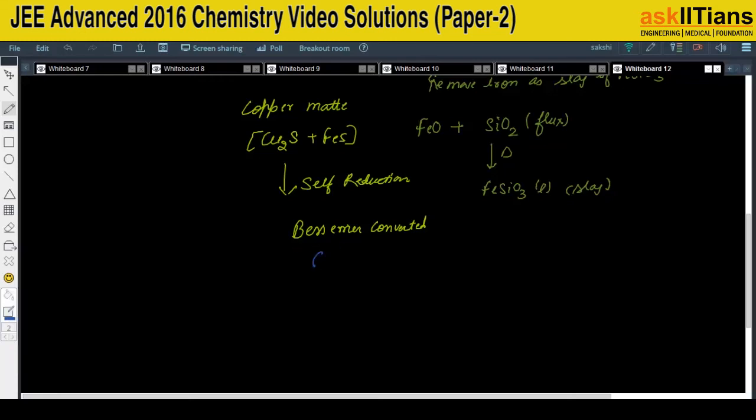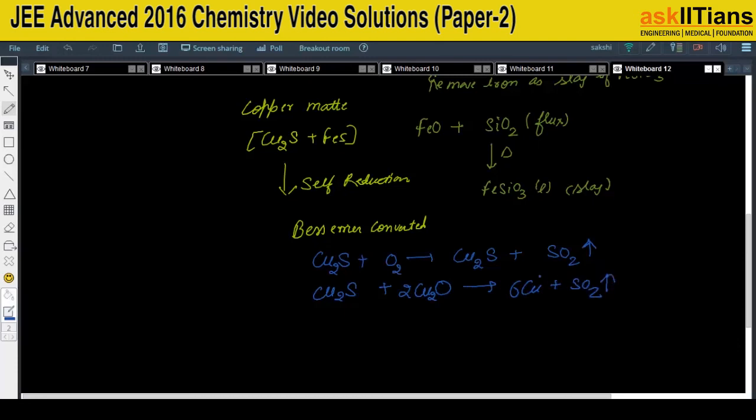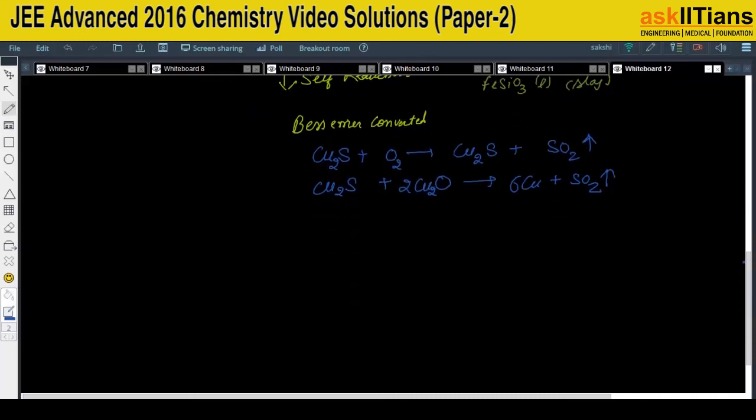Cu2S will react with oxygen, forming Cu2O and SO2. This SO2 will go away, and finally this Cu2S will combine with 2 times Cu2O, and it will form 6 times copper and SO2. Again it will go away, and finally after self-reduction what you will obtain is blister copper.